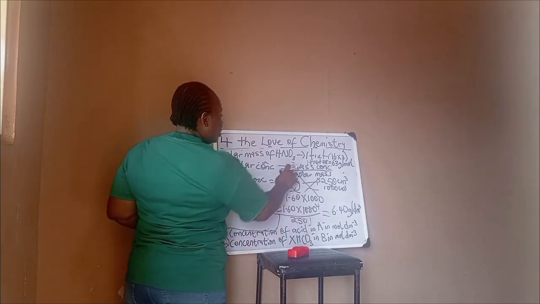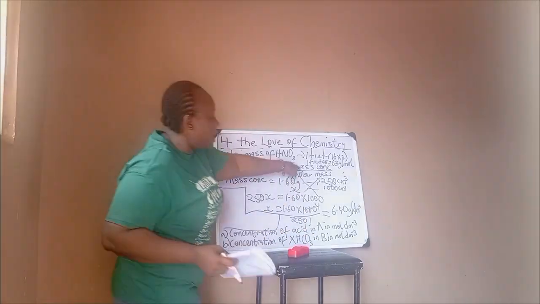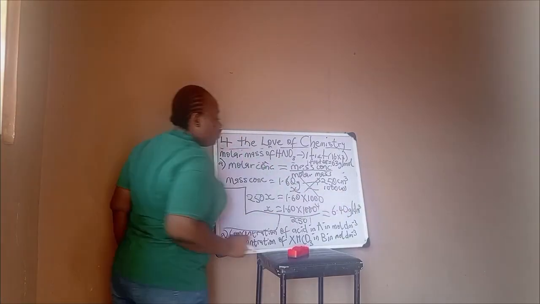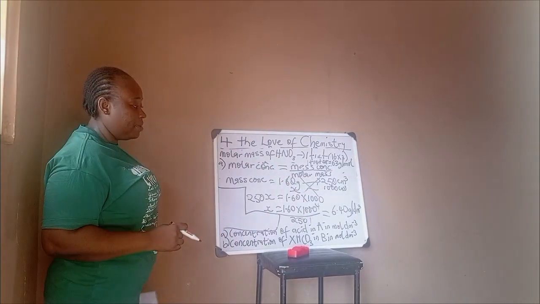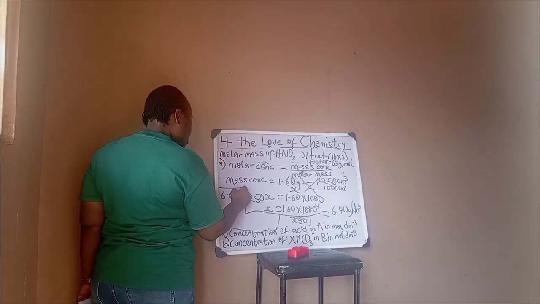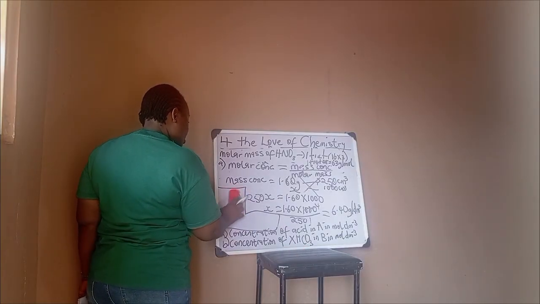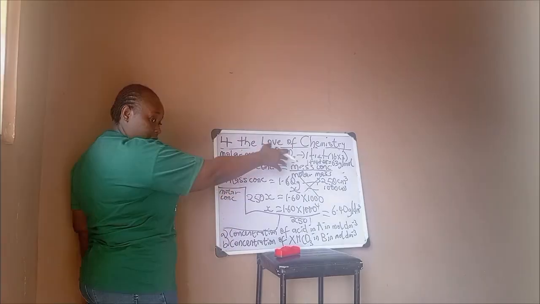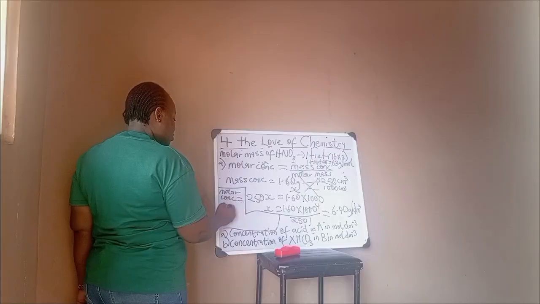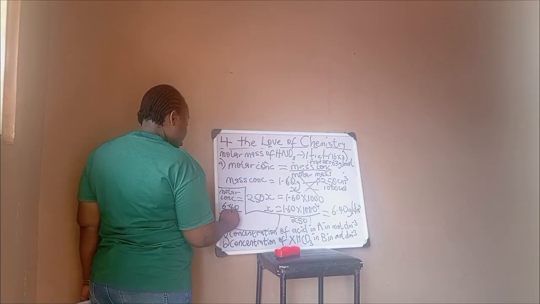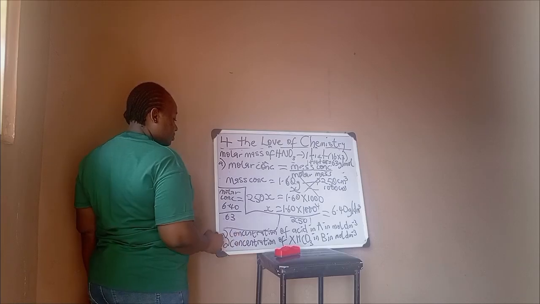So our molar concentration is mass concentration over molar mass. What is our mass concentration? 6.40 gram per dm cube. You don't need to repeat the formula, you've already written it. So it equals 6.40 all over 63.